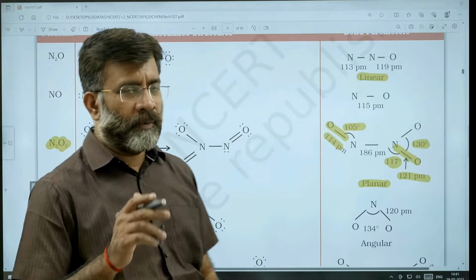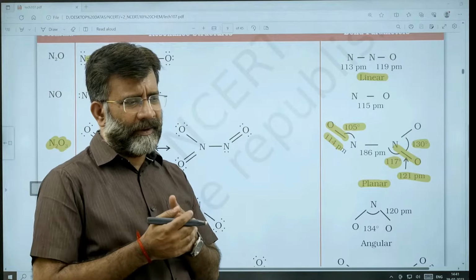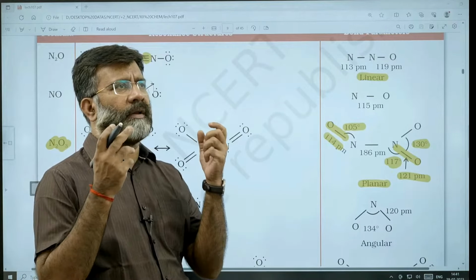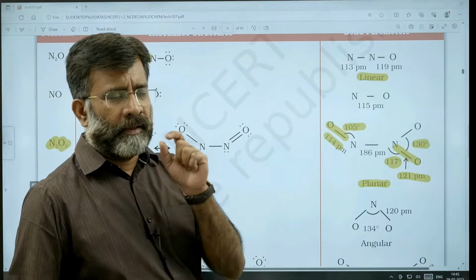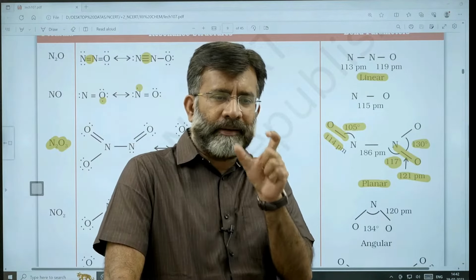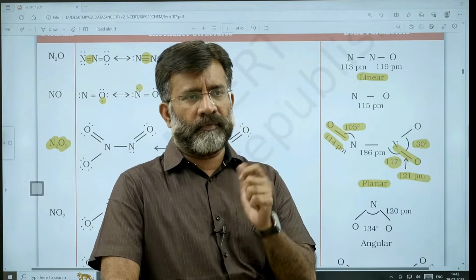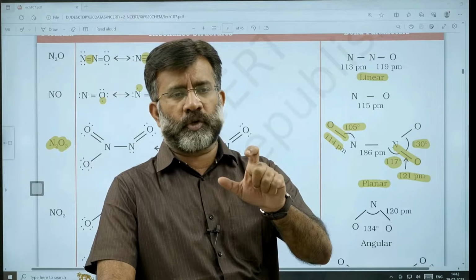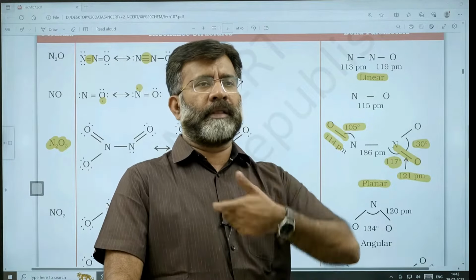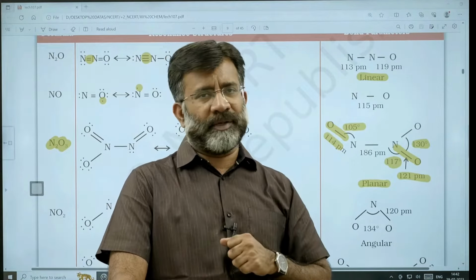So you do not have to memorize the data, rather it is better to have a relative picture regarding whether there are identical bonds with different characters, which is shorter, which is longer, which bond angle is shorter, which bond angle is larger. That kind of comparison can come as a question. I don't have to tell you.